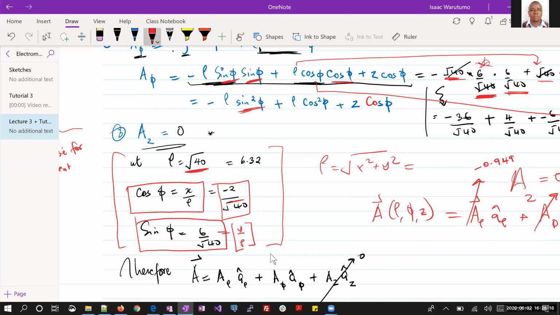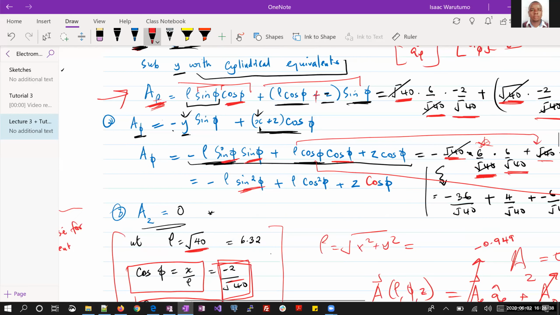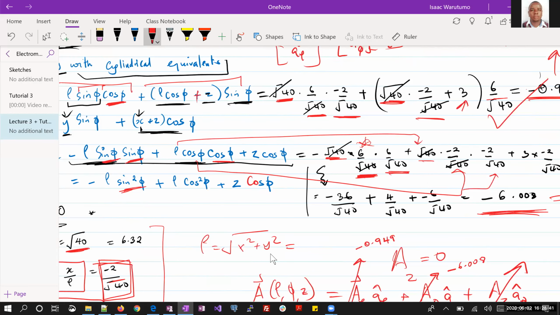Sine of phi is equal to 6/√40, and cos of phi is equal to -2/√40. Is that clear now, Derek? Because once you know that, the other thing is mathematics. Once you know that this is sine phi and this other one is cos phi, then I guess that is clear. Confirm that we can move on.